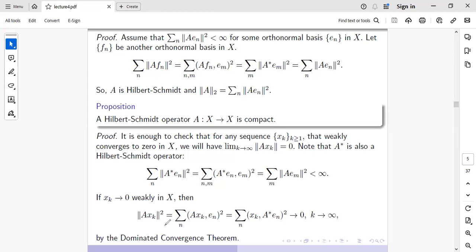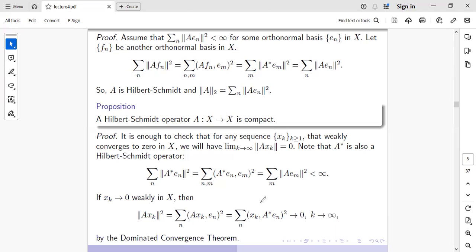Norm of Ax_k squared expanded into the basis e_n, and write each summand as the inner product of x_k and A adjoint e_n. So here each summand converges to 0 when k converges to infinity.